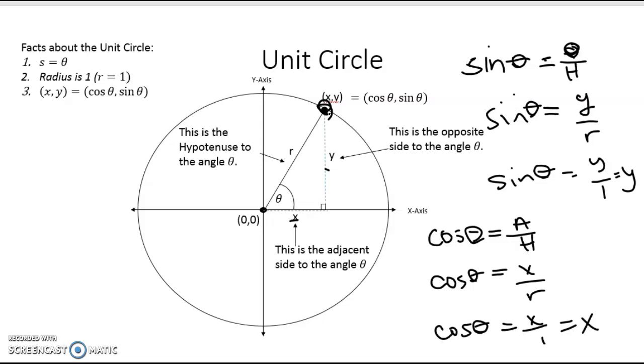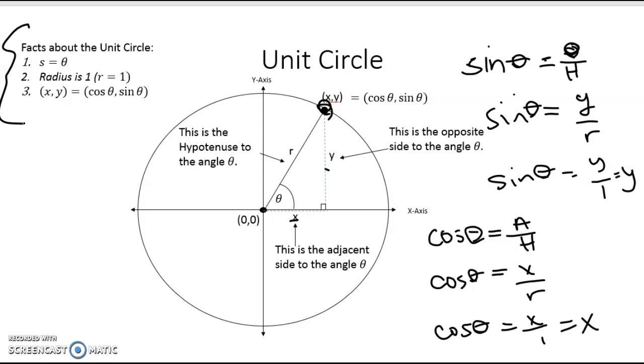Okay, so here are your facts. That's always true about the unit circle. S is always the same thing as theta because r, the radius, is 1. Your radius will always be 1 because you're in the unit circle. And the point x, comma y is really just cosine theta, comma sine theta, every single time if you're talking about the unit circle.